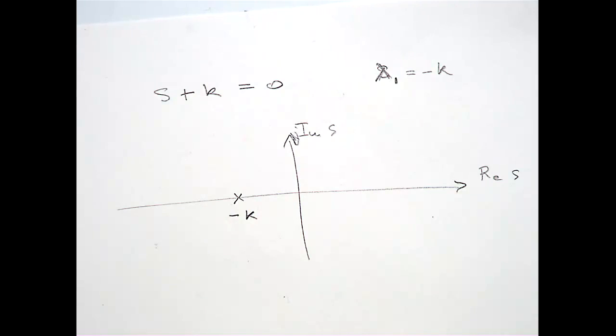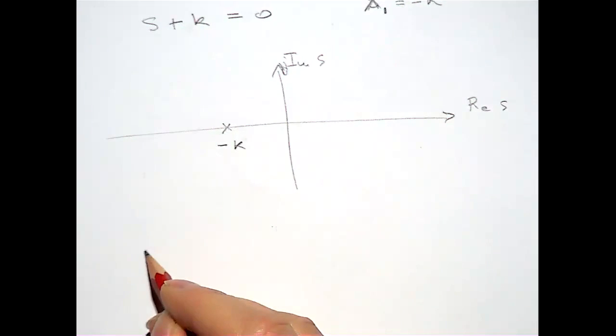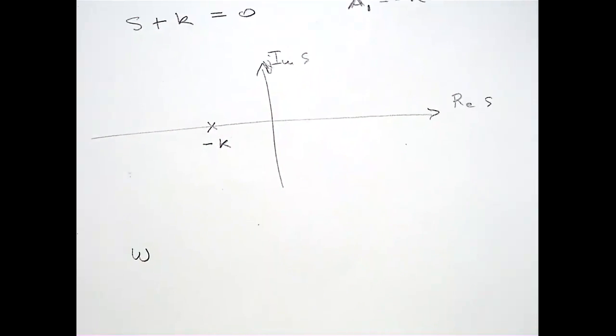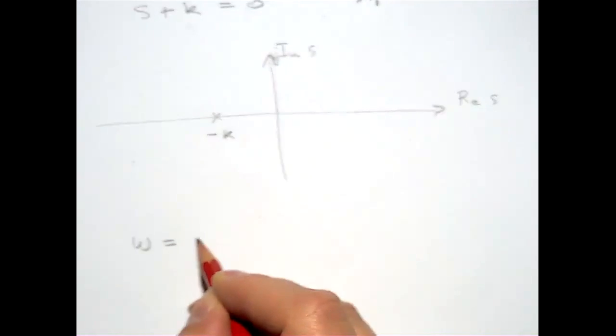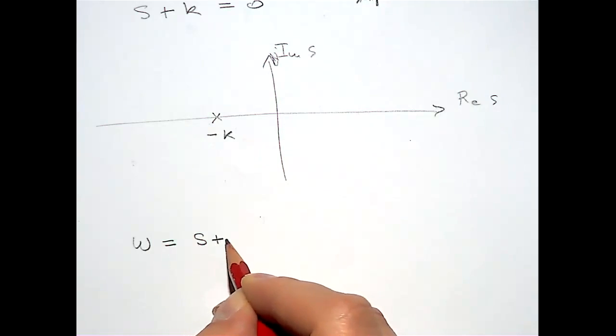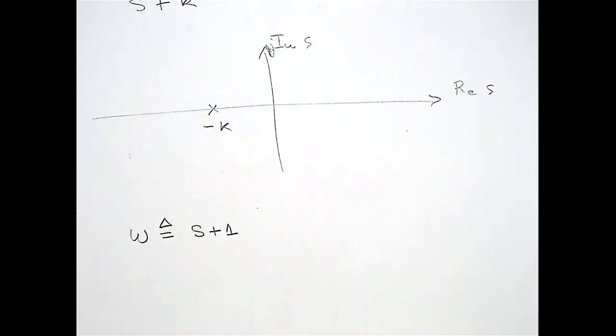But what I can say is, suppose that I introduce a new complex variable w, which is given by s plus 1. I decide to define this new variable w, so this small triangle means definition. This is the same as actually changing the coordinates of your system.